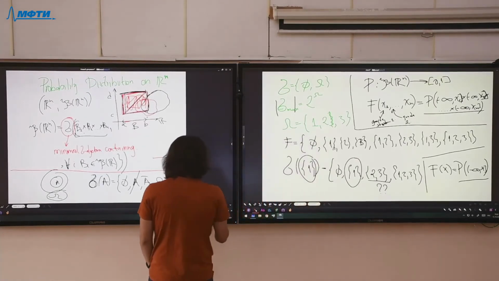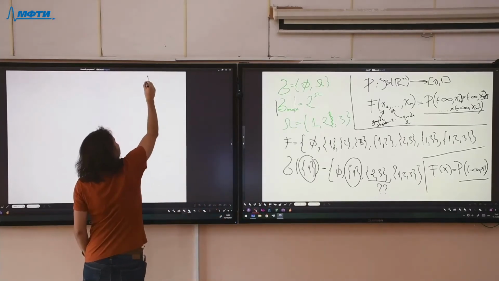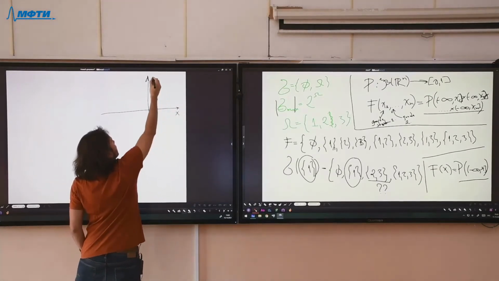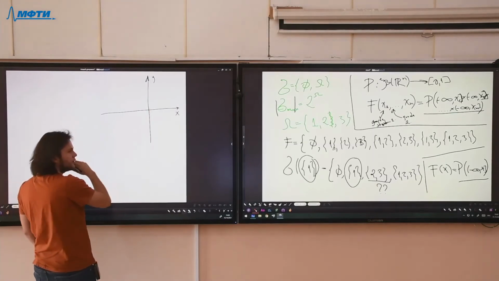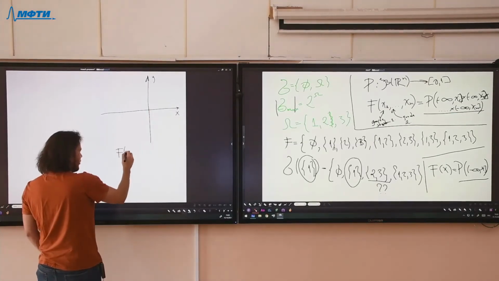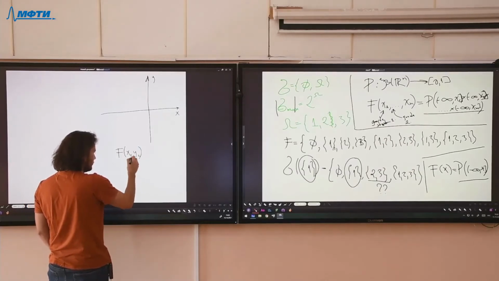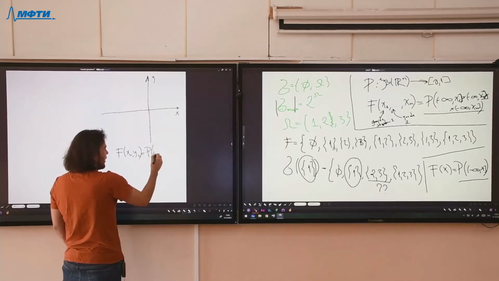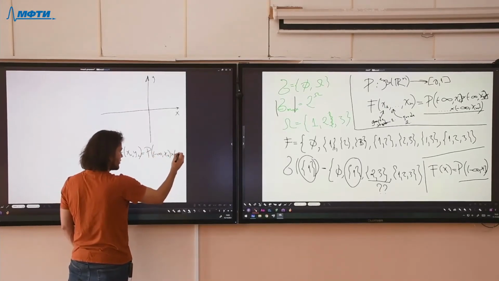Okay, let me give you some example here. Maybe this is not clear 100%. So we have X and Y, and we can talk about the CDF of X1 and Y1 on these points, and this is the probability from minus infinity to X1 and from minus infinity to Y1.